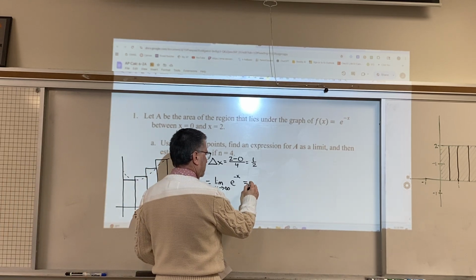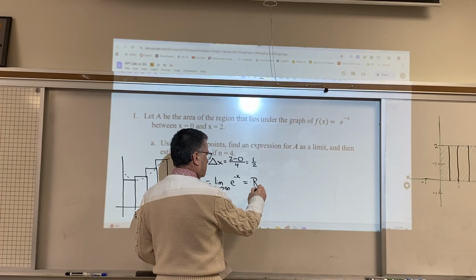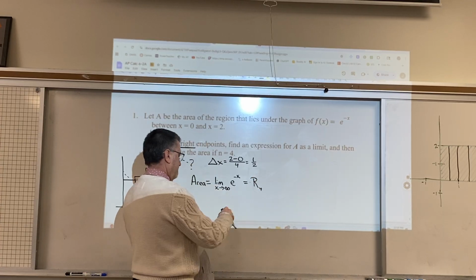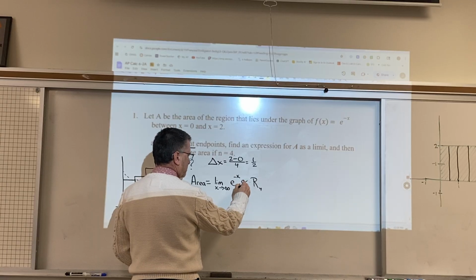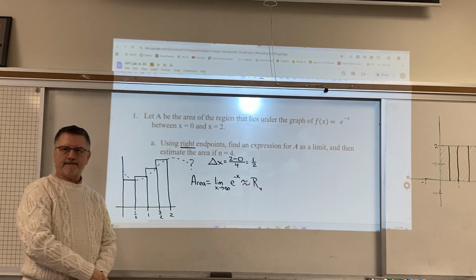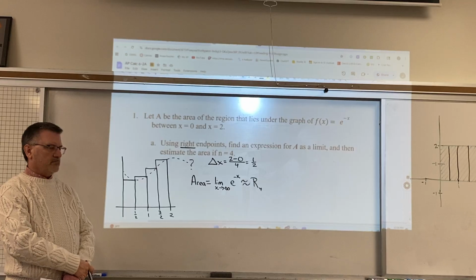So we're using right Riemann sums. Oops, I said equal. I know this is going to be an approximation. It's going to be an approximation.